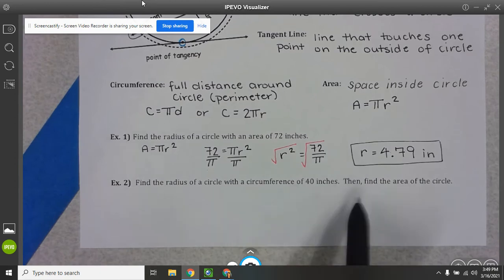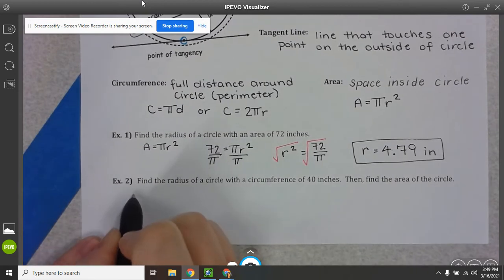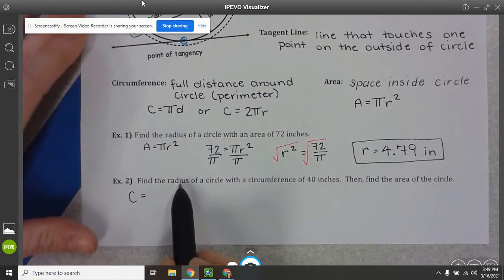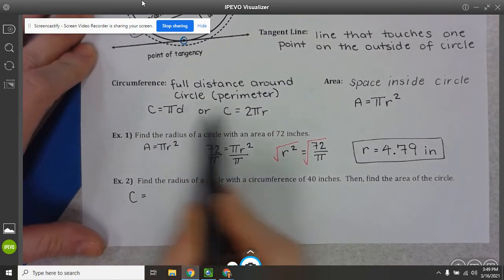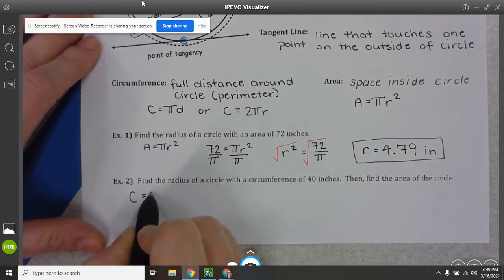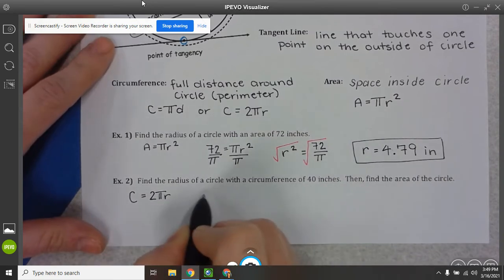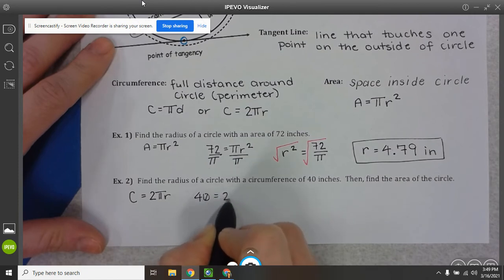So in the second one, we're going to do circumference and area. So I'm starting with circumference. And they want us to find the radius. So instead of using pi d, I'm going to use 2 pi r. And I know that the circumference is 40. And I'm going to divide by 2 pi.